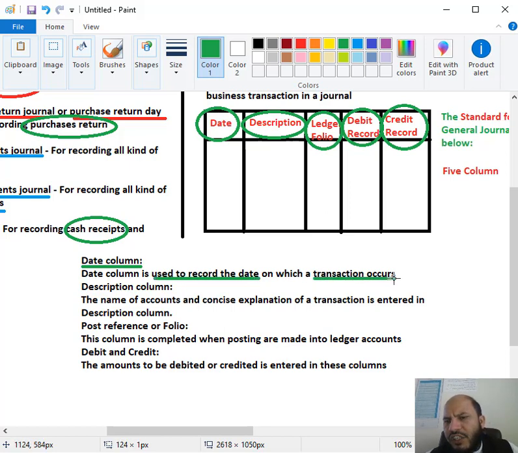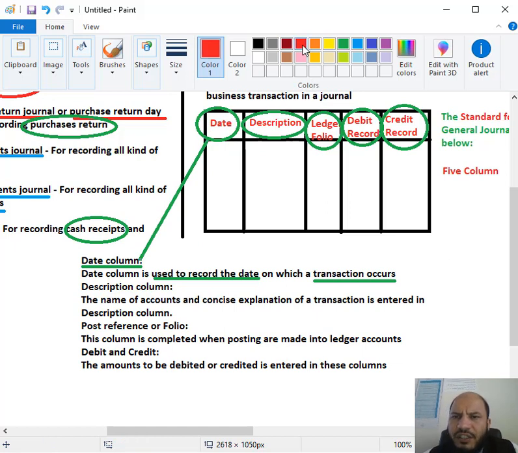Here in the date column, we will record transactions on a daily basis, as we mentioned earlier. You should record the transaction on the same date on which it has occurred.